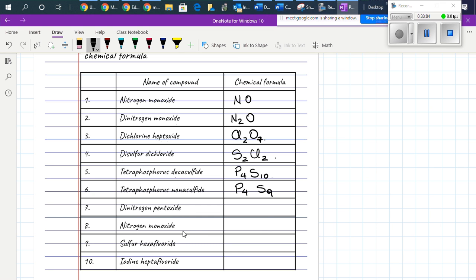Dinitrogen pentaoxide, penta is 5, so N2O5. Nitrogen monoxide, so again, there is no prefix specified here, which means 1. Sulfur hexafluoride, so sulfur, no prefix used here, so it's 1. Hexafluoride is 6. Iodine, no prefix here, so it means 1. Hepta is 7. Fluoride, F7.